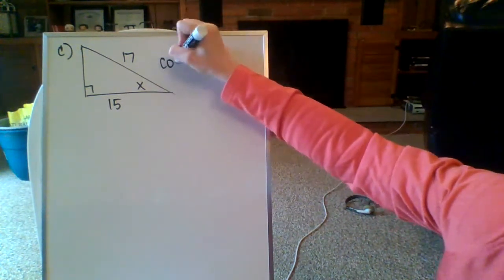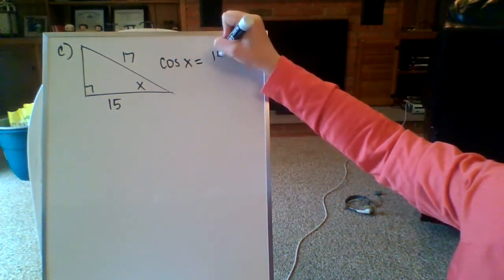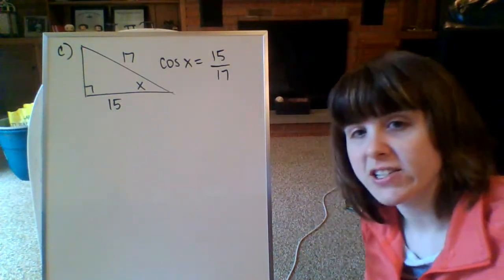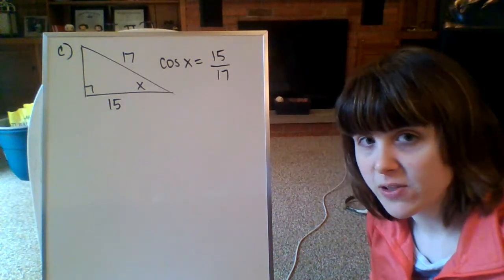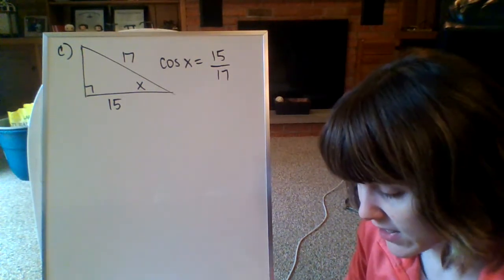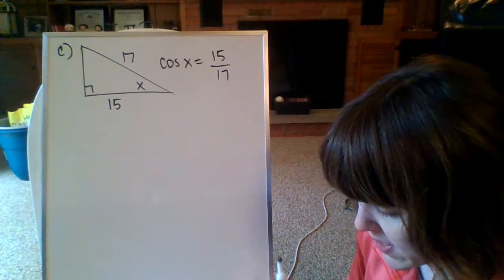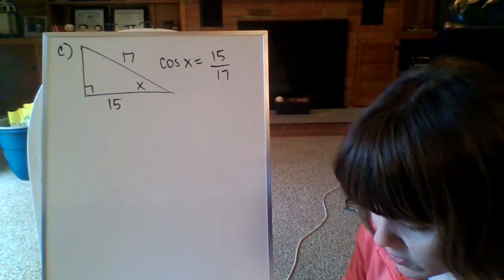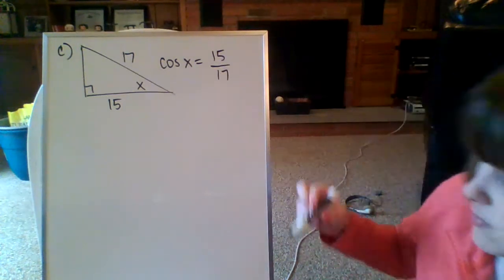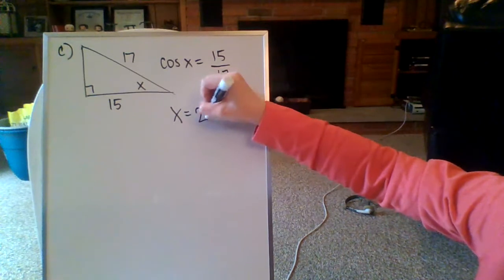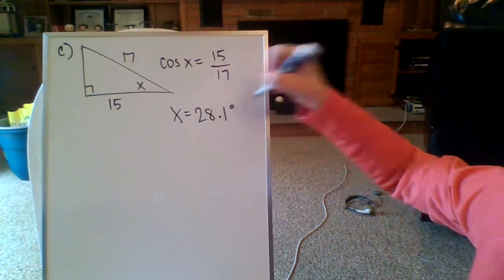So cosine X equals 15 over 17. Okay, so you can pause the video here if you want to see if you can get the right answer, or you can just keep watching. So 15 divided by 17 equals, and then you want cosine inverse. So I got 28.1 degrees.